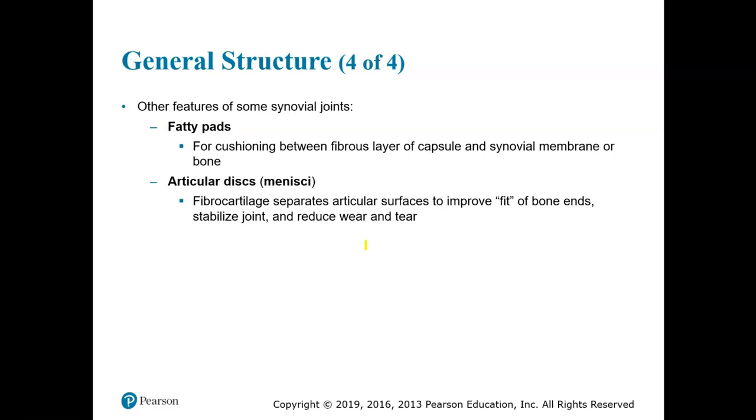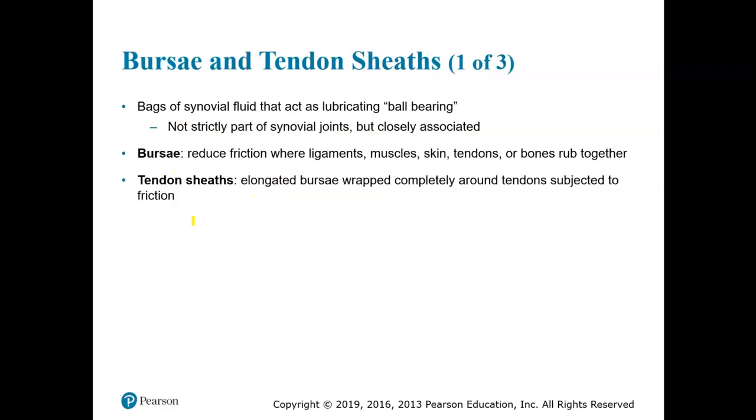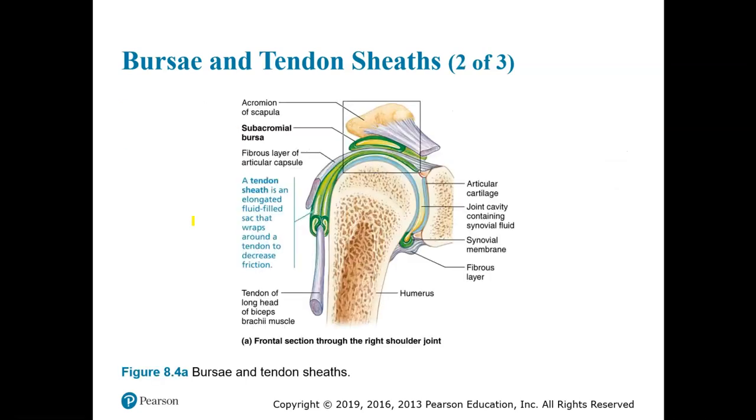Sometimes synovial joints will have fat pads for cushioning and meniscus or menisci for stability. Bursa and tendon sheaths reduce friction, which I already said.